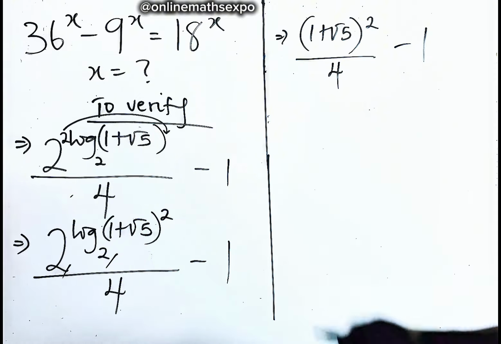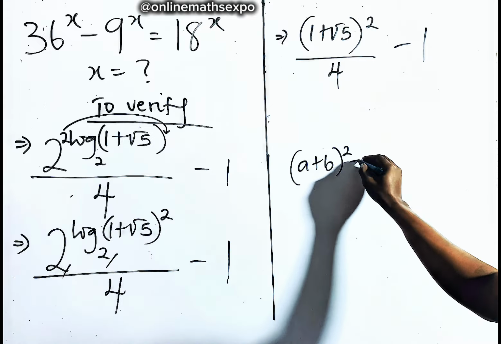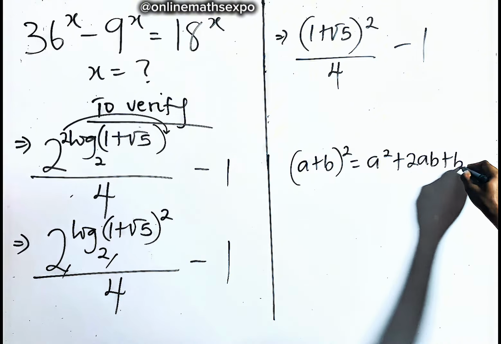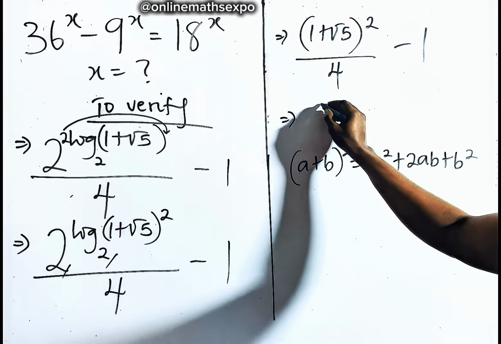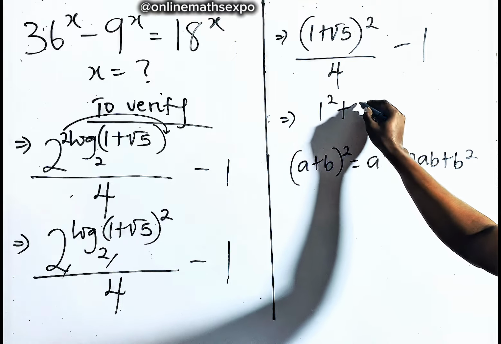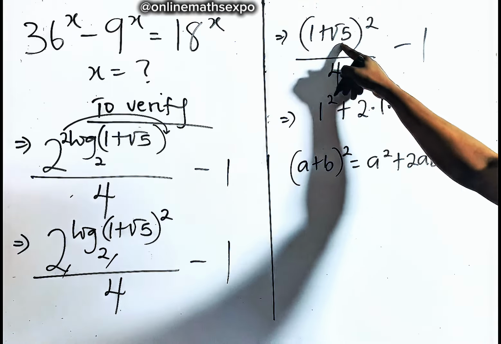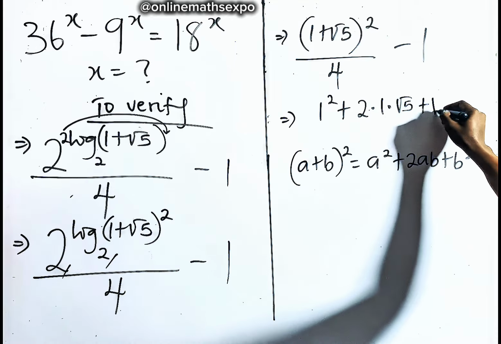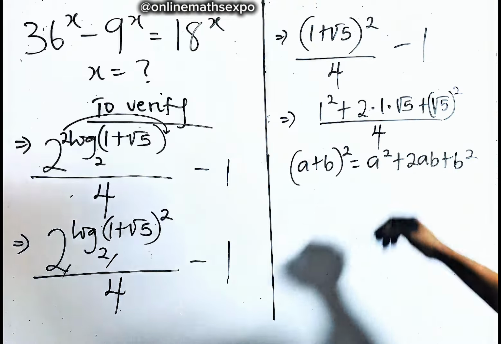You just need to simplify this. Remember, for every (a plus b) raised to power 2, it is a squared plus 2ab plus b squared. So if you apply it here, this gives us 1 squared plus 2 multiplied by our a, which is 1, multiplied by root 5, plus root 5 squared, divided by 4.